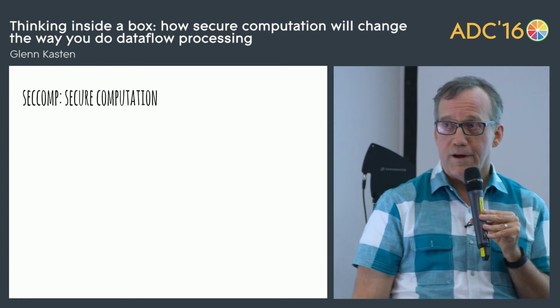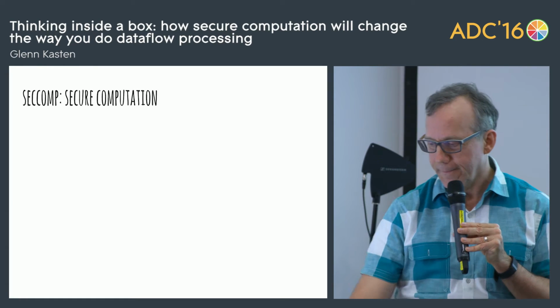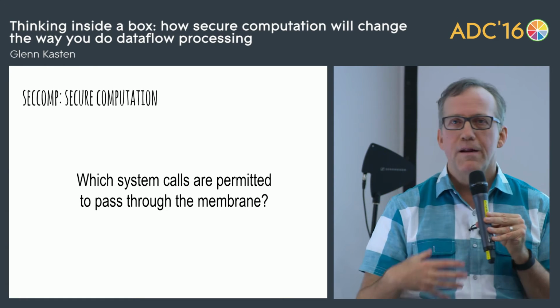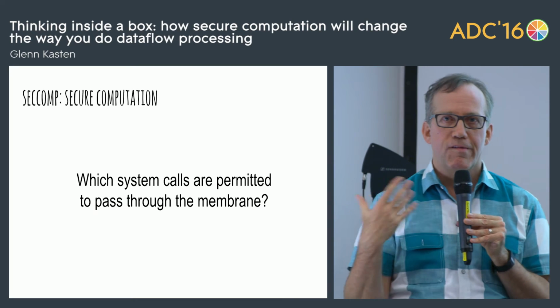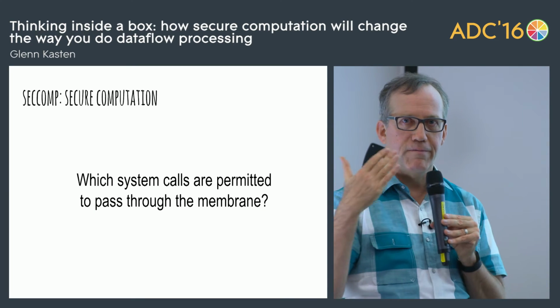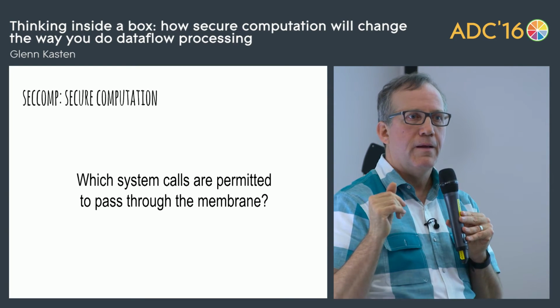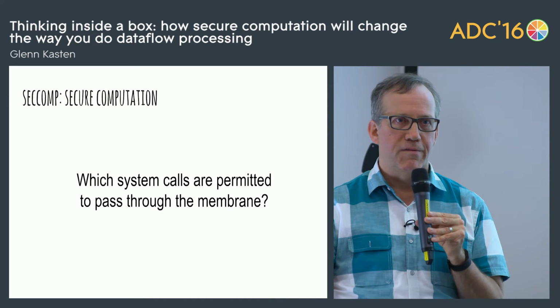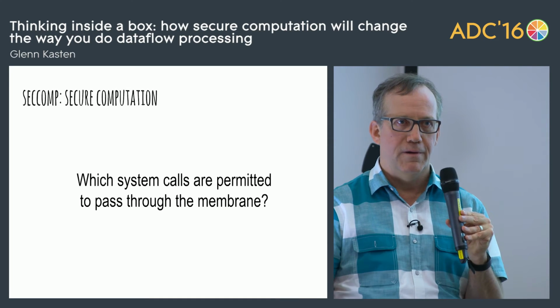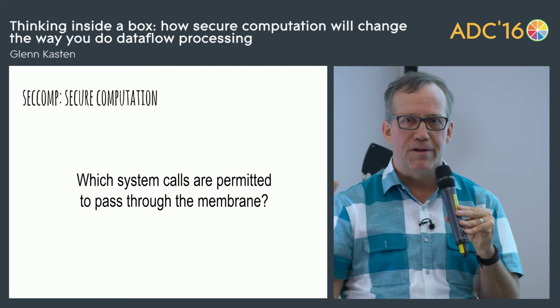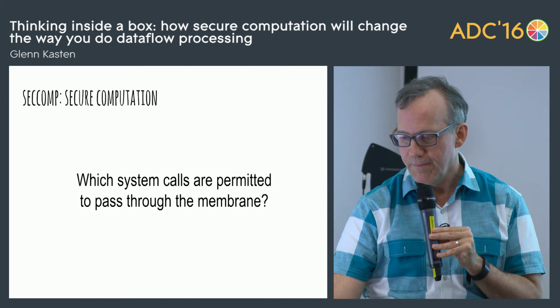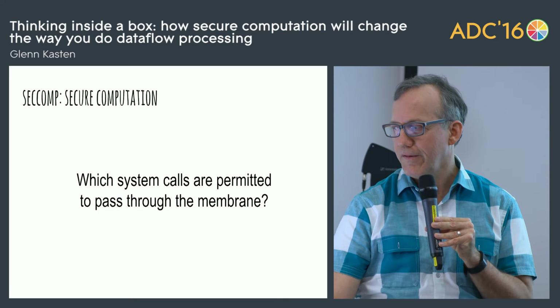This is called secure computation, or seccomp. And it basically answers the question, which system calls are permitted to pass through this membrane? By default, all system calls are permitted. So you have the full power of this large and complex Linux available to you. But you can restrict it using seccomp.